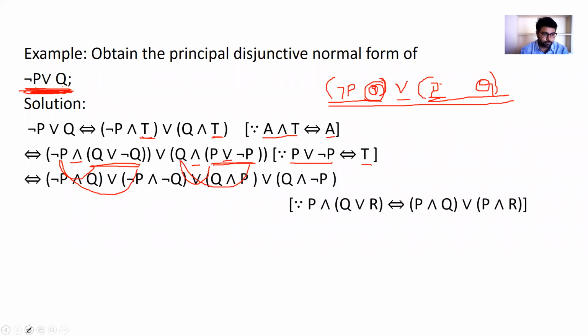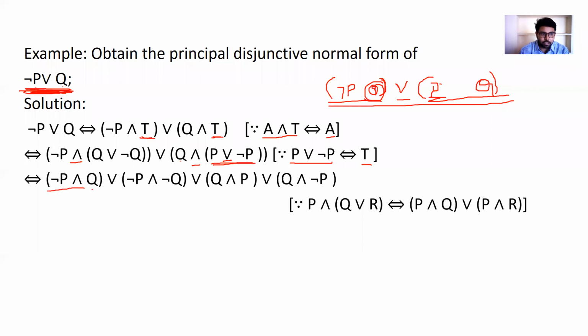Just a minute, I'm going to erase all this. So I applied the distributive law here. Now, identify the common terms and delete them.